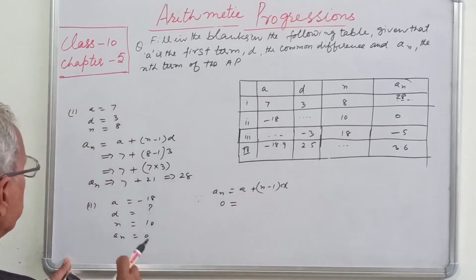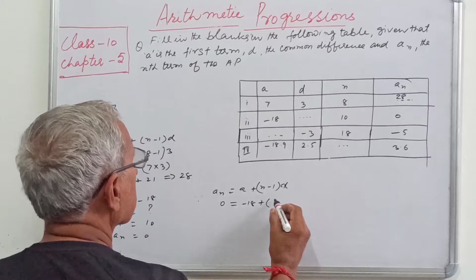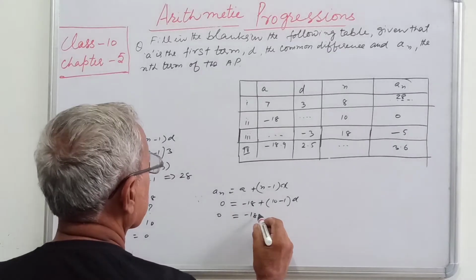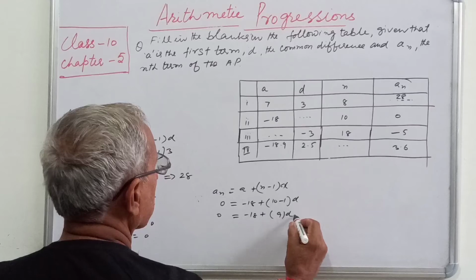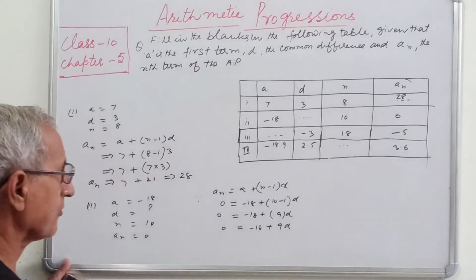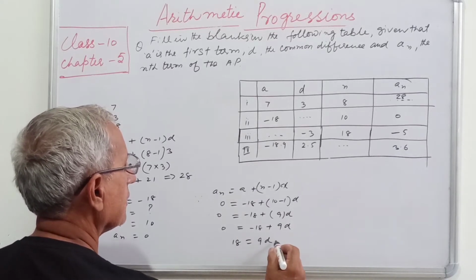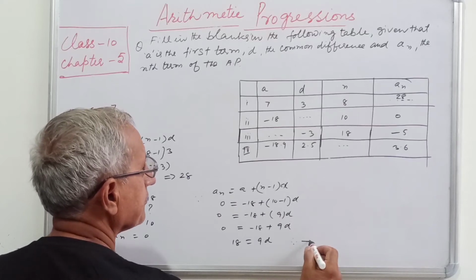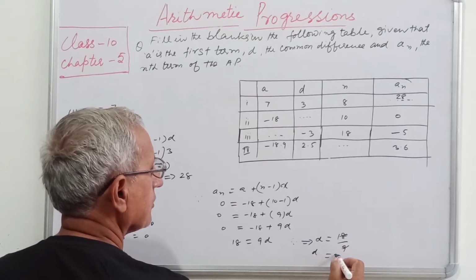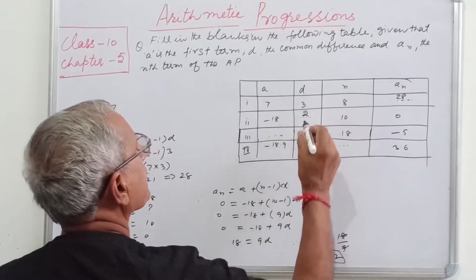So an is 0, a is minus 18 plus (n is 10 minus 1) into d. 0 equals minus 18 plus 9d. तो 18 को इधर करें तो ये हो गया 18 इज इक्वल टू 9d. सो d की वैल्यू आ जाएगी. सो d इज इक्वल टू 18 डिवाइड बाई 9, सो d इज इक्वल टू 2. तो यहाँ पर आ गया 2.